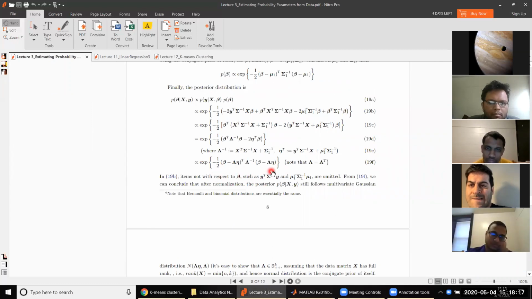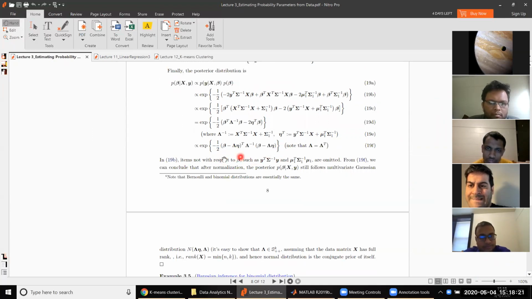Now what is the minimizer of this part? Isn't it beta equal to lambda eta, right? Why? Because clearly this one is positive definite, the eta lambda inverse is positive definite. So this one is convex. Because this one is convex, it has a global minimizer, not necessarily unique, unless it's strict.